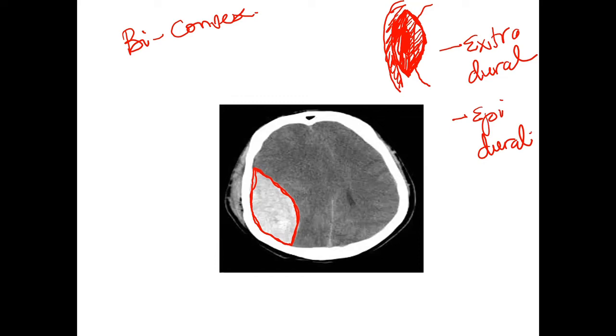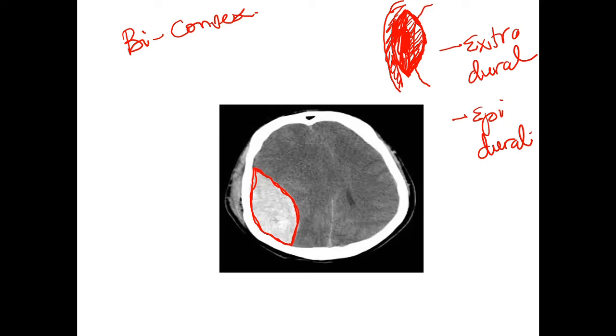So when there is bleeding between the skull and the dura, it is called extradural hematoma or epidural hematoma, and they usually present as a biconvex appearance.